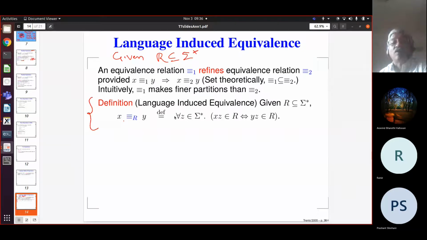We call them equivalent under this language induced equivalence, or right linear equivalence, if the following property holds. That is, you append X with some arbitrary Z and you append Y with the same Z. Then both of them should land up in R, or both of them should remain outside R. That was the idea, right?